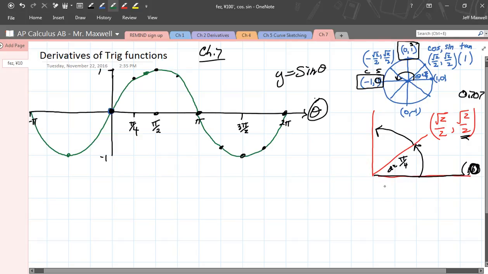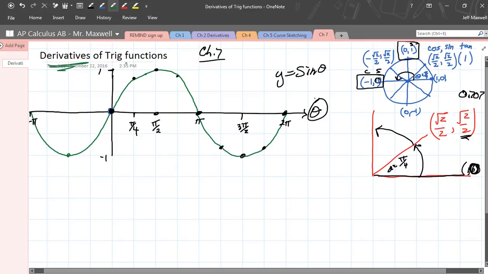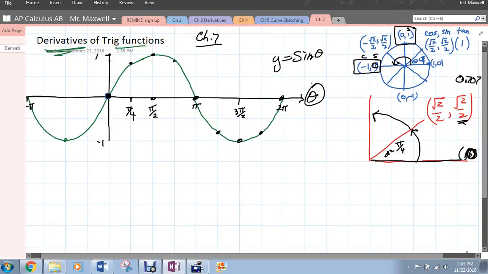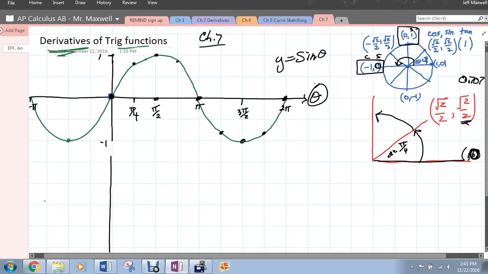Okay, so what about the derivative now? We're talking about derivatives of trig functions, right? So do you remember way back we used to graph the derivative of a function? What we're going to do is do that for sine theta. Underneath I'm going to draw another axis, okay?